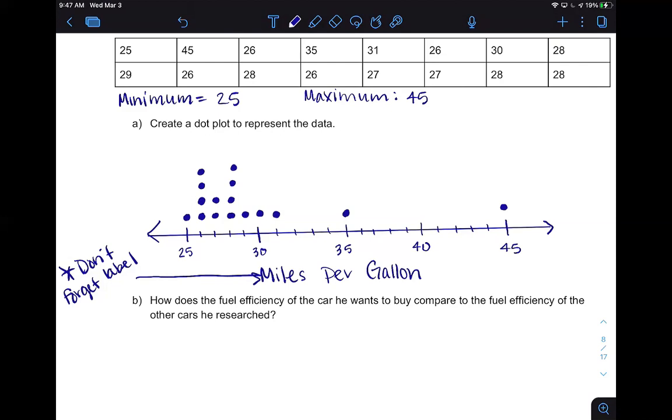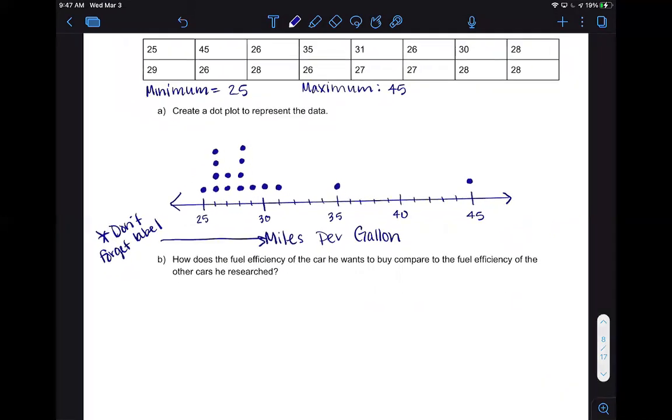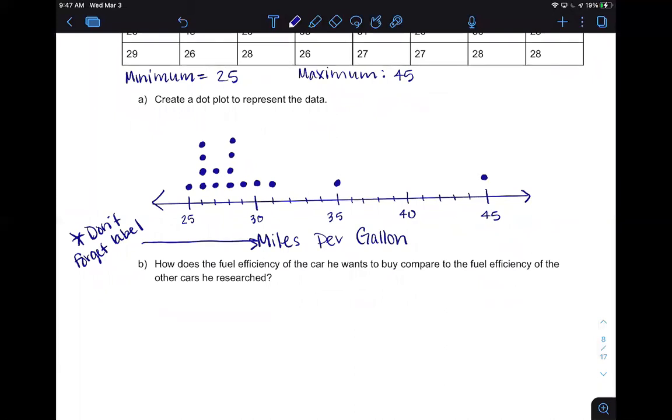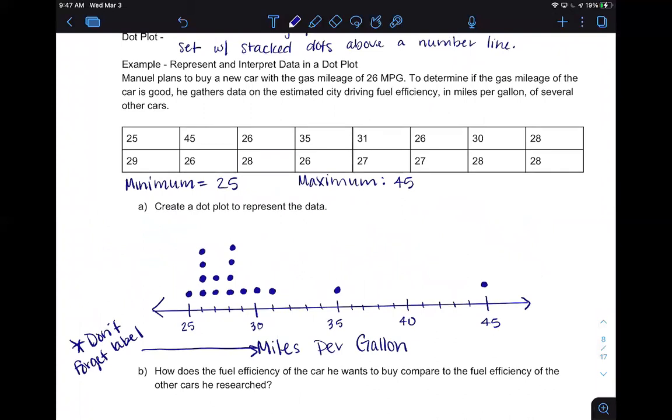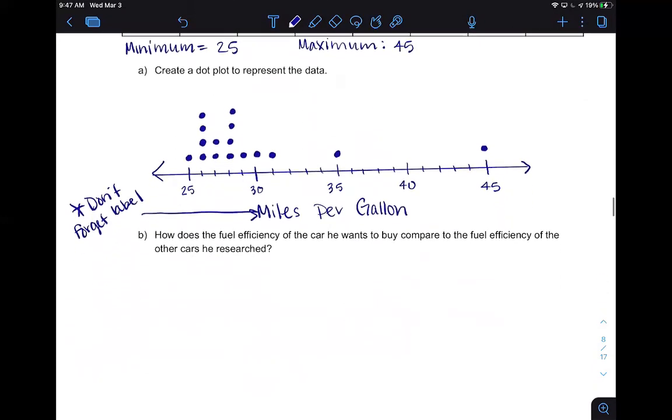Okay, so now let's answer some questions. How does the fuel efficiency of the car he wants to buy compare to the fuel efficiency of other cars he researched? He said he wanted to buy a car with gas mileage of 26 miles per gallon. Is that completely off base of the dot plot? Is that similar? That one has one of the most. Okay, this part's going to be different for each of you, like if this was asked on your test.